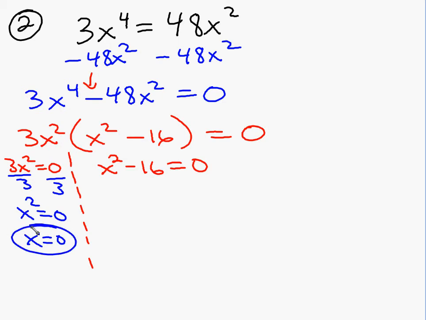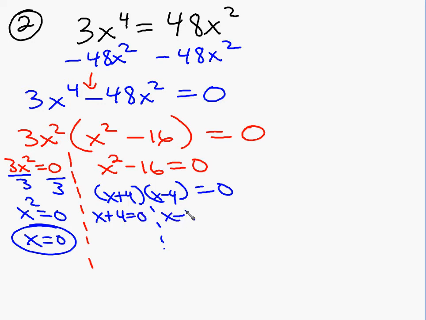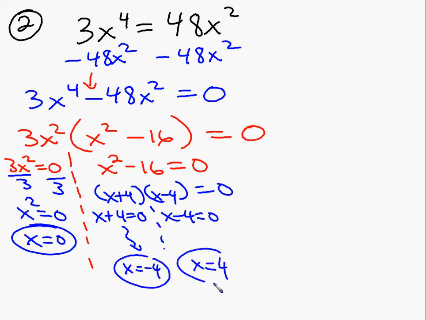There's one of my solutions. Okay? And over here, I would factor this into a difference of two squares, (x plus 4)(x minus 4). Split that up. Two new little equations. So we can see that x is going to equal negative 4 and x is going to equal positive 4.